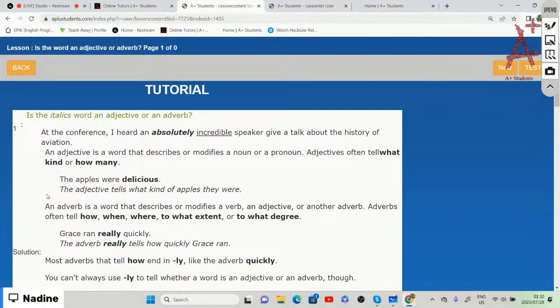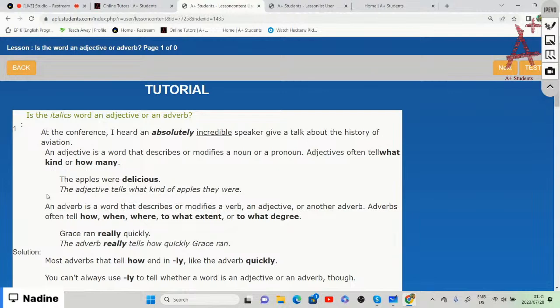So most of the adverbs that tell us how end in ly, but not all the words that end in ly are adverbs. Some words that also end in ly are basically called adjectives, right?